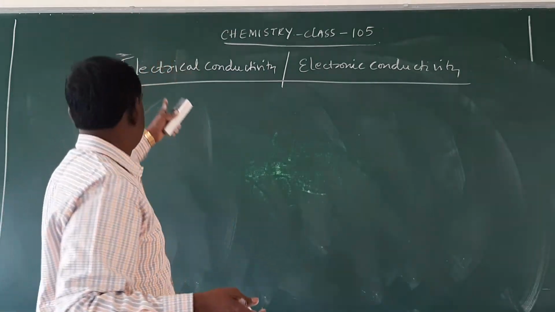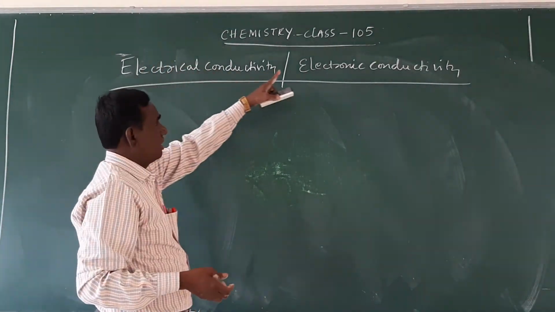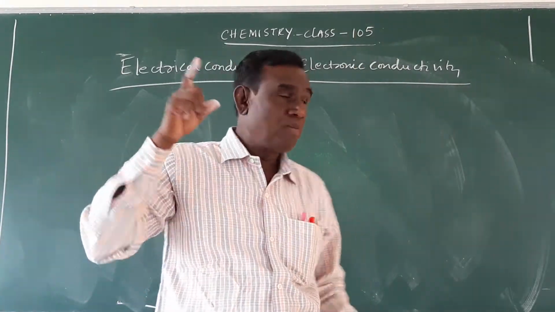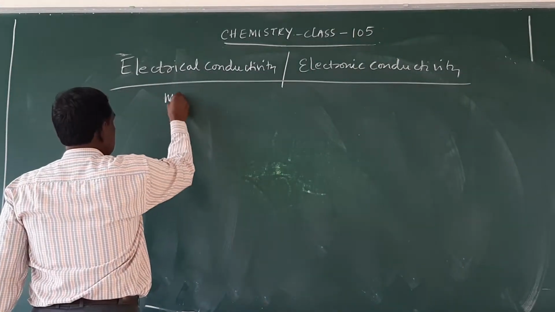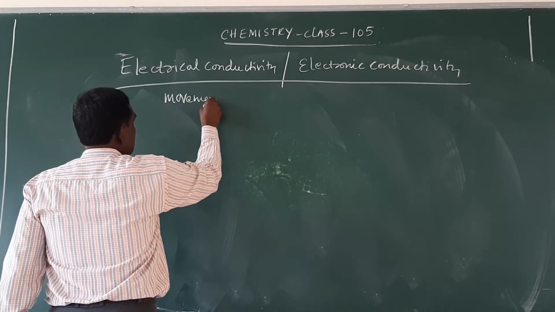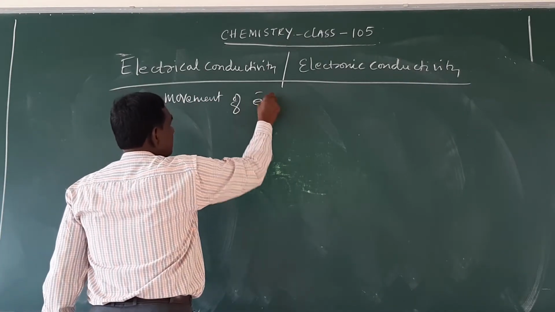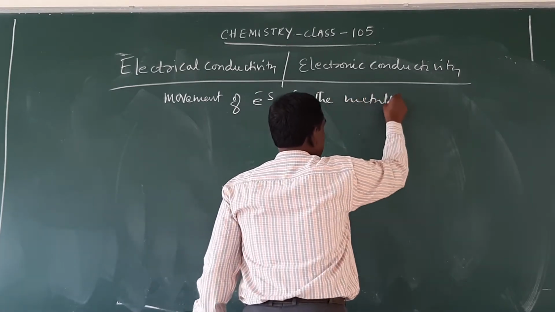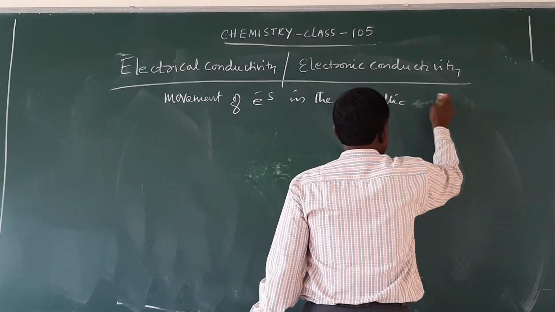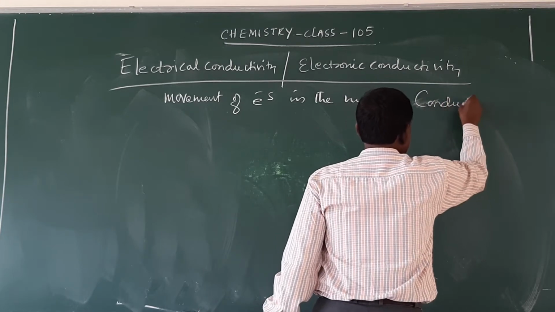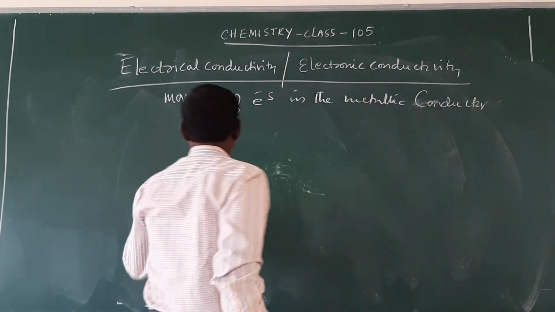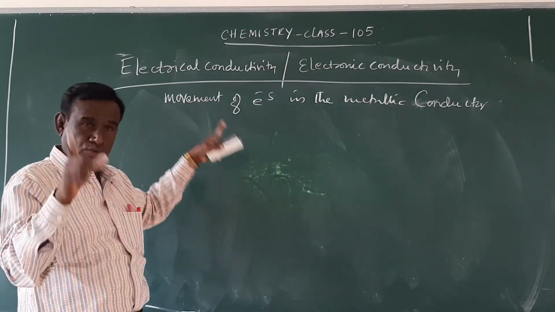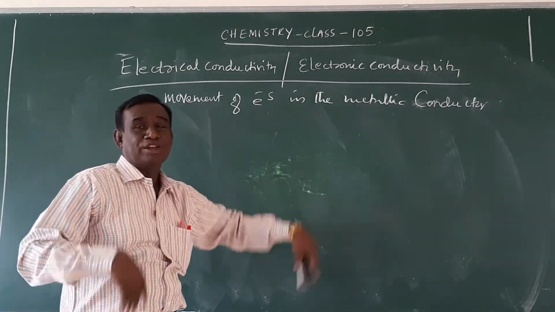What is meant by electrical conductivity or electronic conductivity? It is the conductivity produced by the movement of electrons in the metallic conductor.